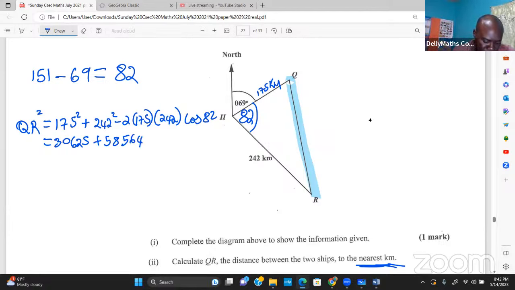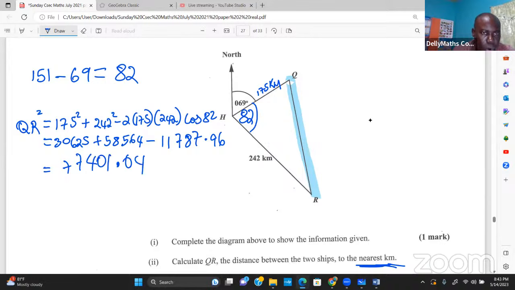Negative 2 times 175 times 242 times the cosine of 82, subtract 11,787.96. Let's put it together: 30,625 plus 58,564 minus 11,787.96, and we're looking at 77,401.04.